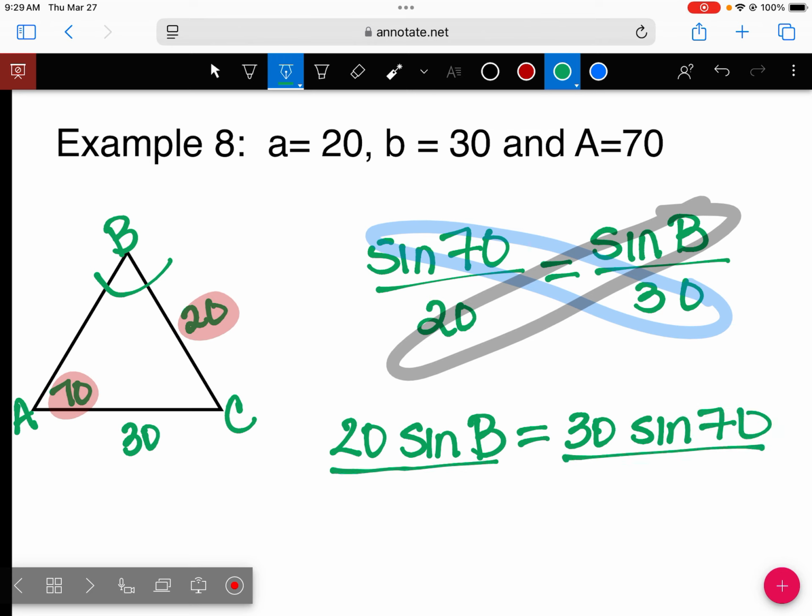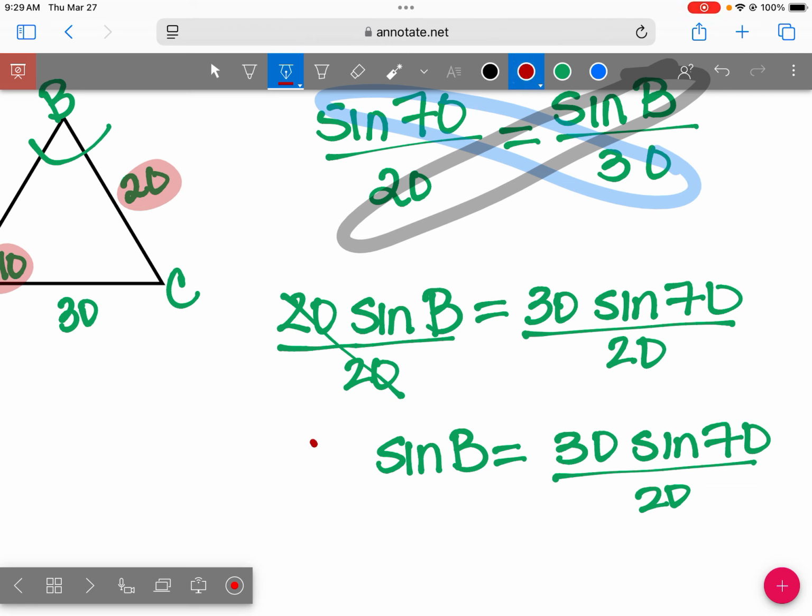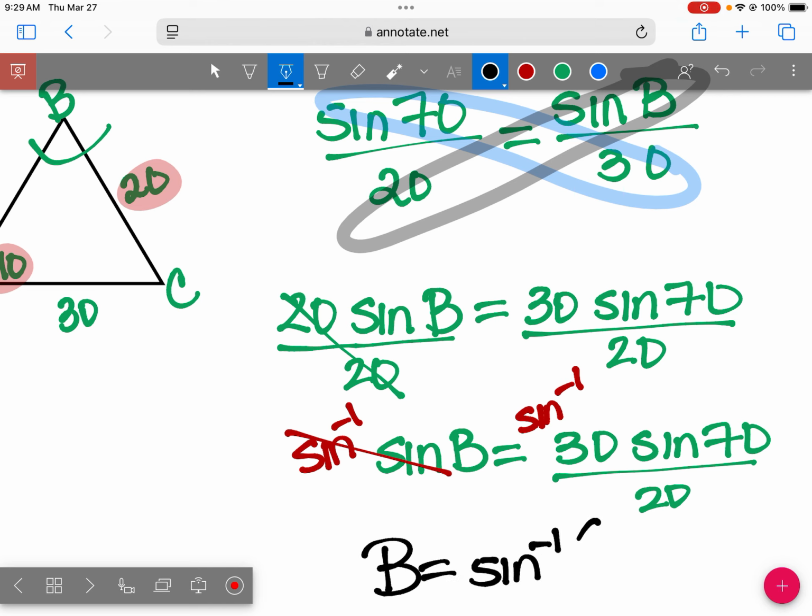And the opposite of a sine is our inverse sine. So we're going to sub that in on both sides. So that leaves us with angle B is the inverse sine of 30 sine 70 over 20.